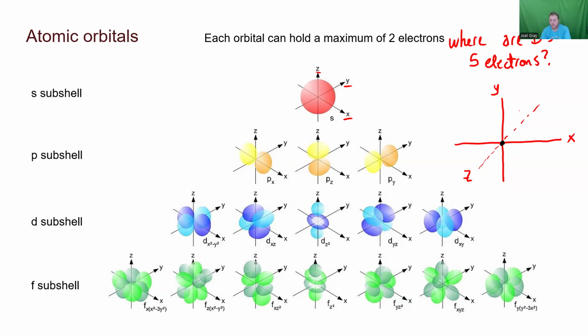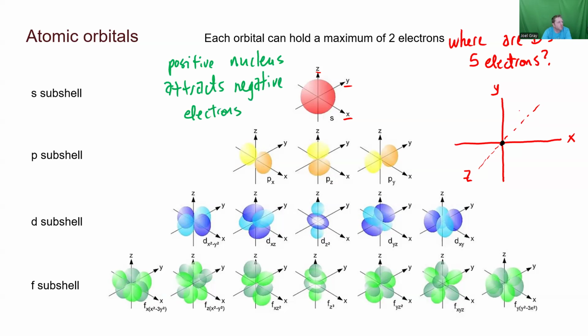So I'll say positive nucleus attracts negative electrons.